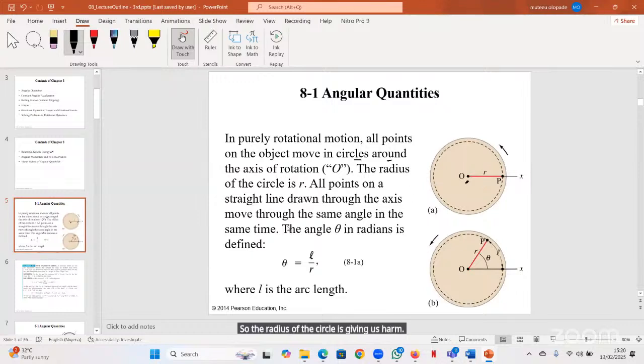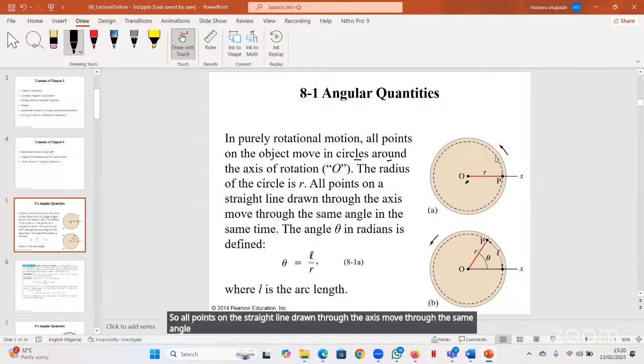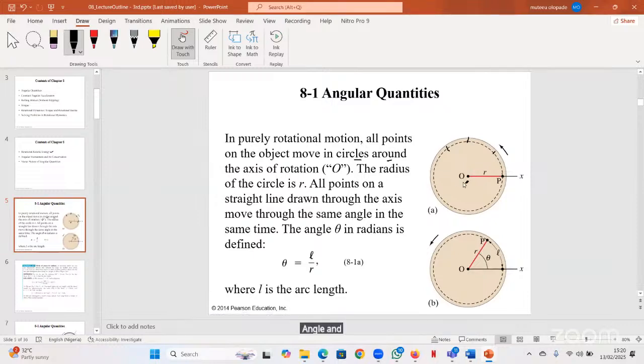All points on a straight line drawn through the axis move through the same angle. Which means if you move from here to here, even from here to here, they will surely cover the same angle. That angle being covered is referred to as theta, and that's what you have here.